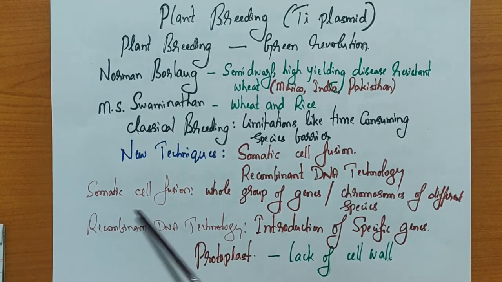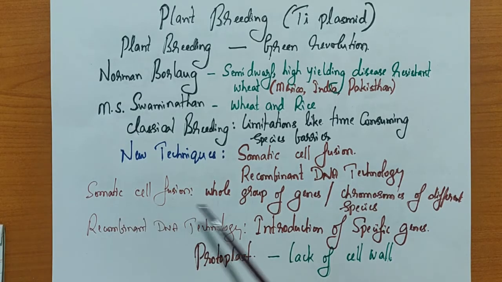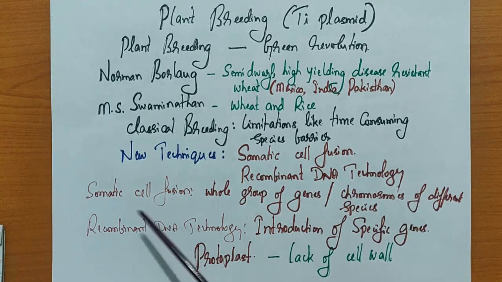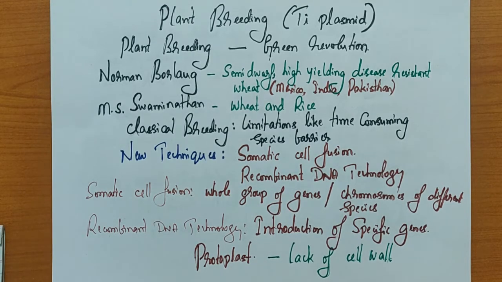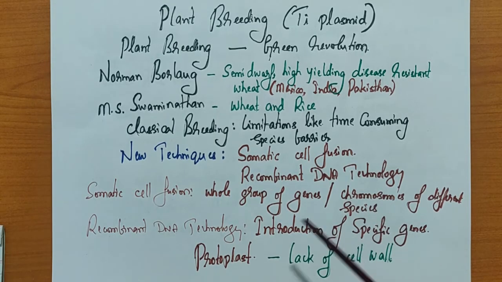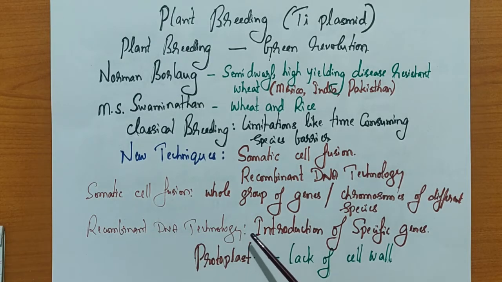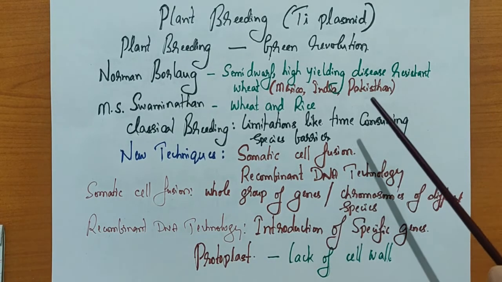So now we know, with an example, what exactly is somatic cell fusion and what exactly is recombinant DNA technology. We will study a few examples of how the whole process is done in somatic cell fusion, and we will also discuss how genes are introduced in recombinant DNA technology. In both cases, we need a host.